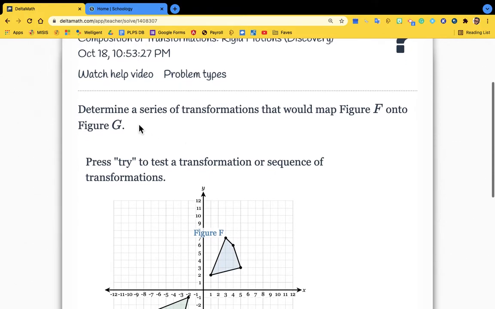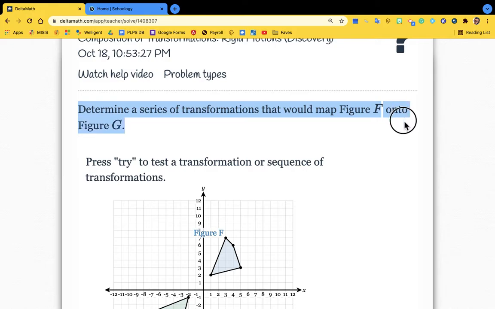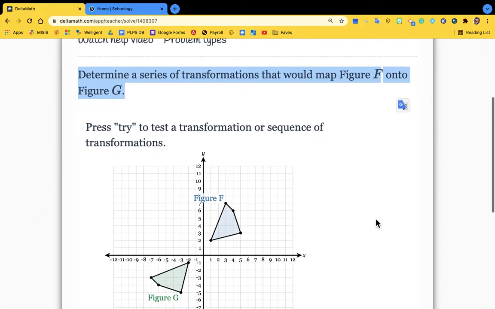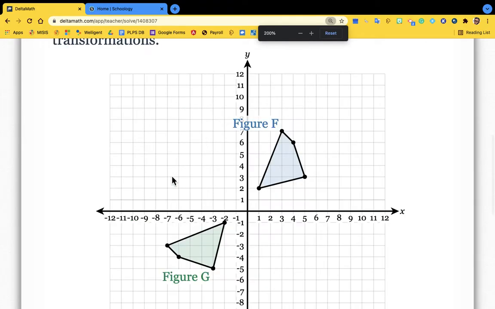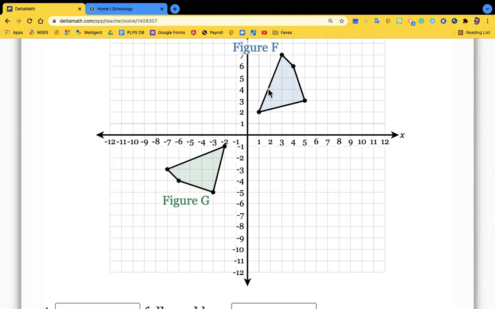So, the question says, determine a series of transformations that would map figure F onto figure G. Figure F is this blue figure, onto figure G. So the idea is, how do we move this blue figure to this green figure?